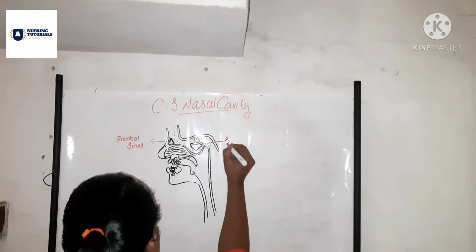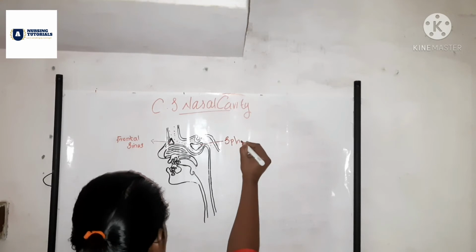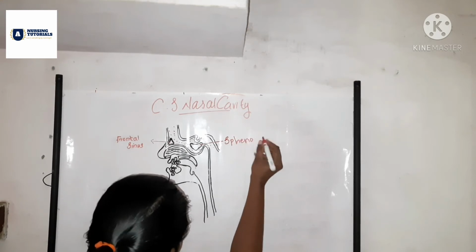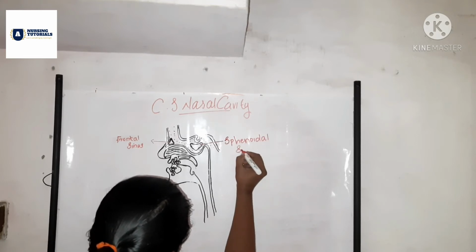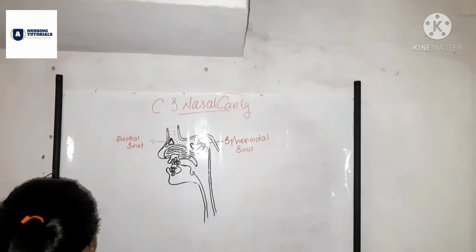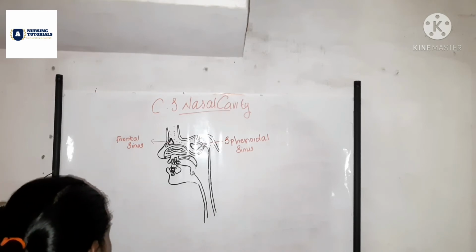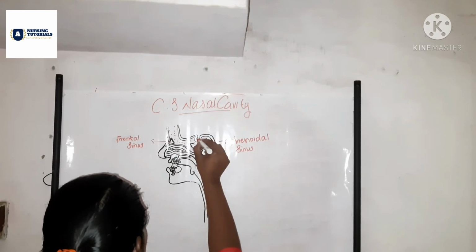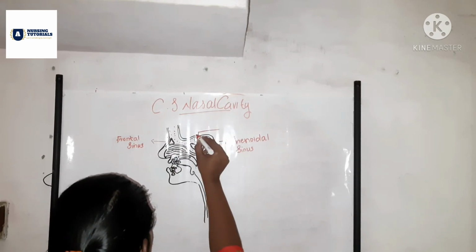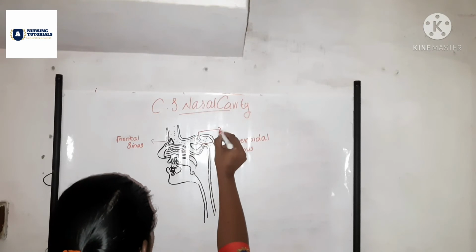This is the sphenoid sinuses, sphenoid sinuses. And this is the sella turcica.